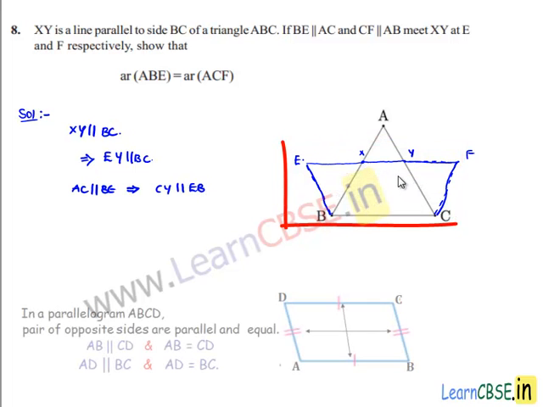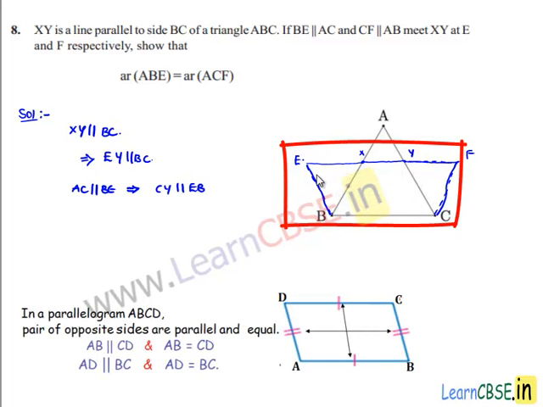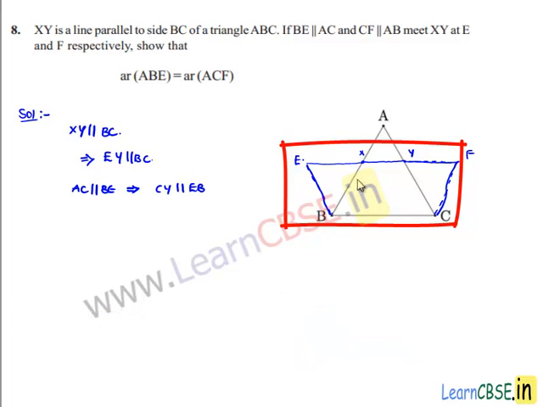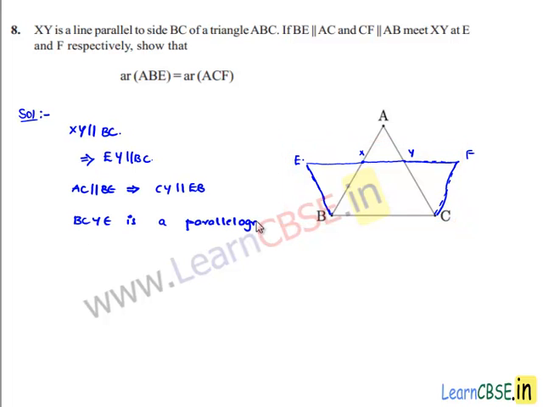Therefore, in the quadrilateral BCYE, two opposite pairs of lines are parallel, so the quadrilateral BCYE is a parallelogram. Therefore, opposite sides will be of equal length. Here we can say BE is equal to CY, and also BC is equal to EY.